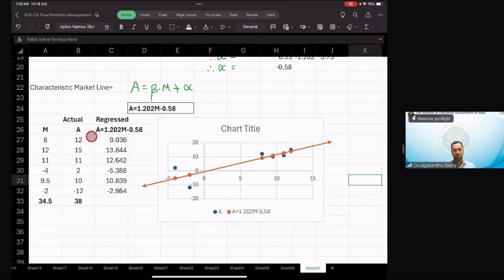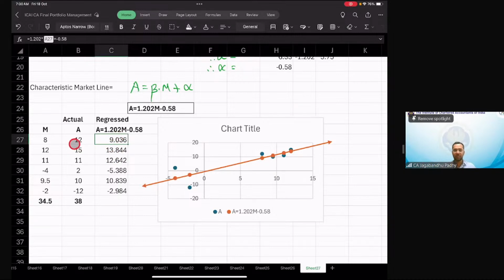Okay, so one was a series of actual returns, and the other is a series of regressed or estimated returns. These regressed or estimated returns were helpful for forming a straight line going through the middle of our scatter diagram. Now, obviously, we have a very small set of data points.